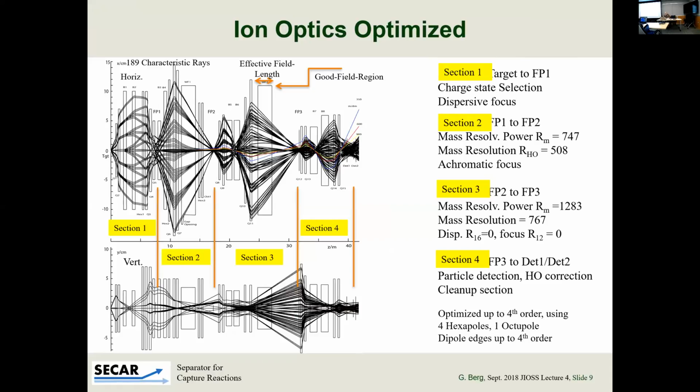So if you run the dispersion here, you would see it goes to zero and stays at zero, but here it goes to zero and doesn't stay there. That makes it a little bit more tricky to make sure that you have a small image here, but it probably saves another set of dipoles. So these considerations went into the design.